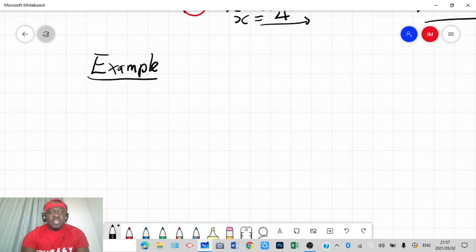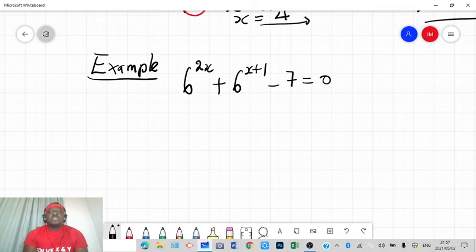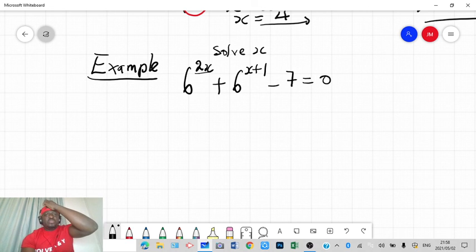So we would have a question similar to that, but this time around we are going to solve it in an equation form, not simplify it in an expression form. So here we're solving for x. In this question, we're solving for x, which is an exponential equation due to these terms here.